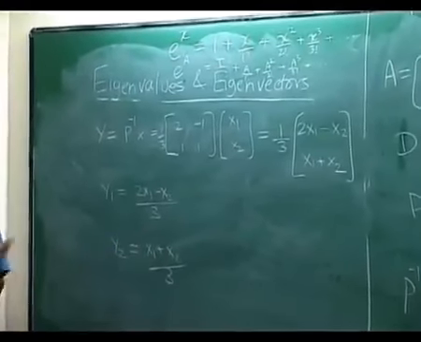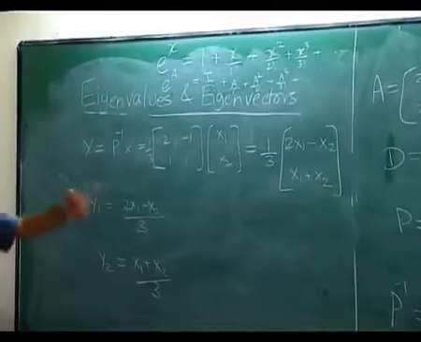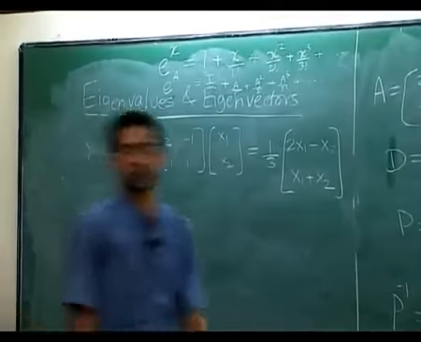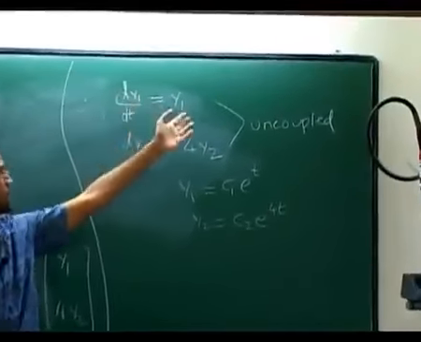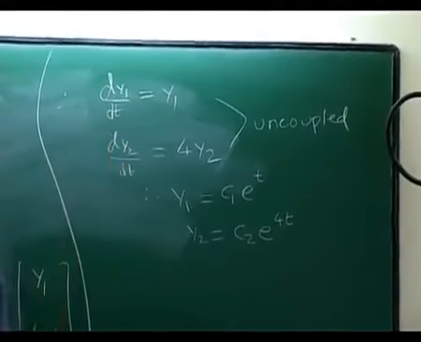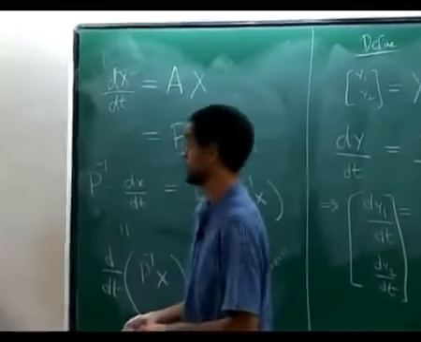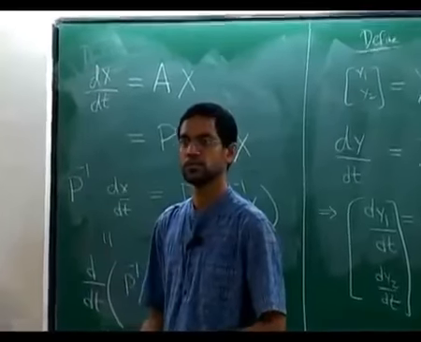You can always take any constant times this, and the two equations will look the same. If dy1 dt is y1, and instead of y1 I choose 3y1, I will still get the same equation because I will multiply both sides by 3. Same for y2. So it's almost the same as what we had, differing by a constant.